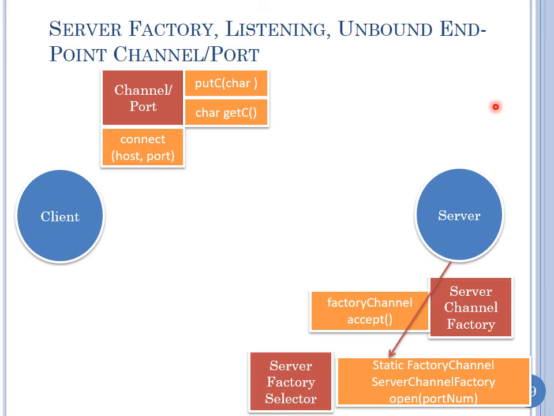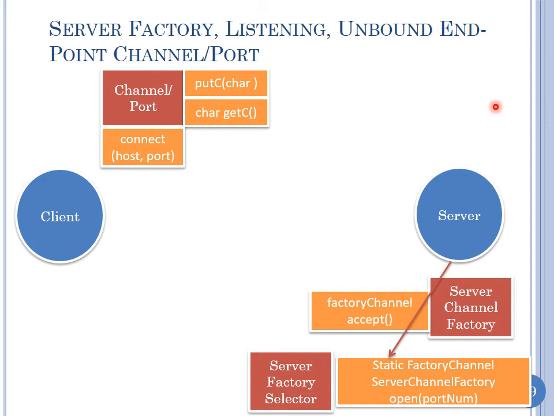The connect call on the channel object sends a message to the server socket channel, the factory channel, and the put C and get C send messages to another channel in the server, which is created dynamically. The connect call sends a message basically saying, "Give me a new channel, create a new channel, please."